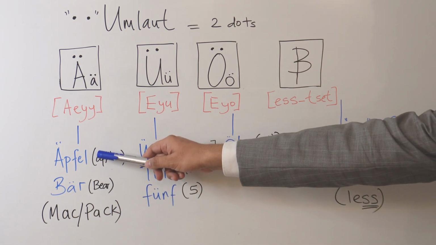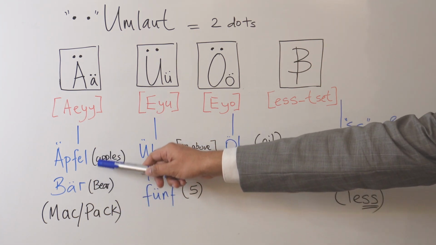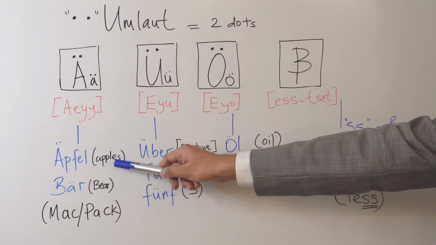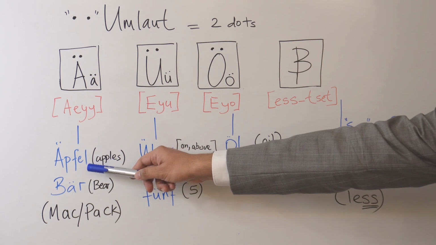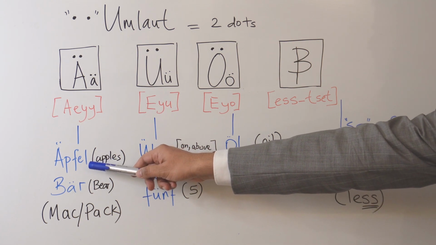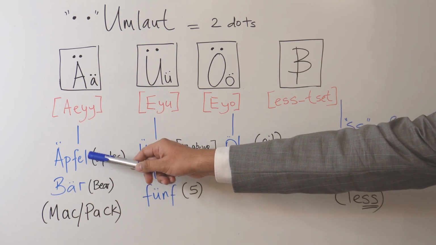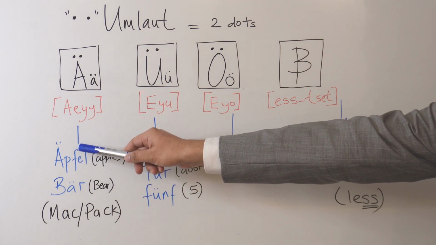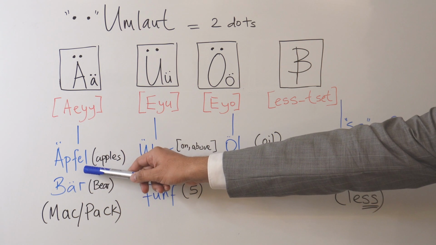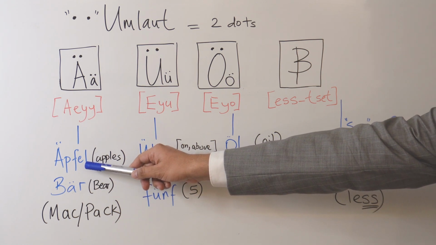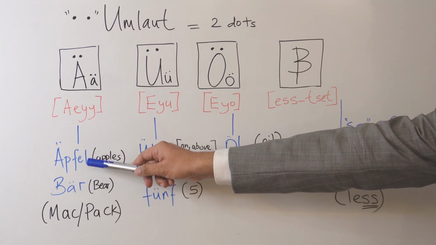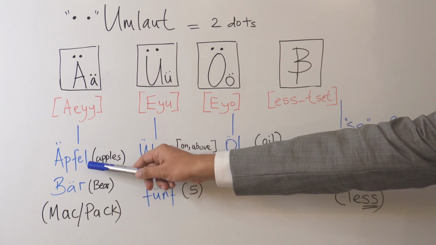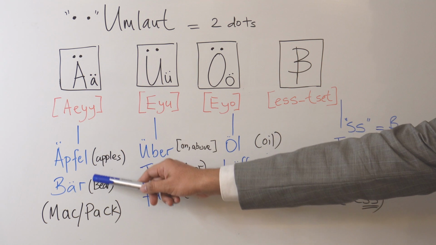For the German examples, I have taken 2 examples over here. Apples are called Apfel in German. If I remove the 2 dots, it will be singular, apple. So for the plural, I put the two dots and I say Äpfel.